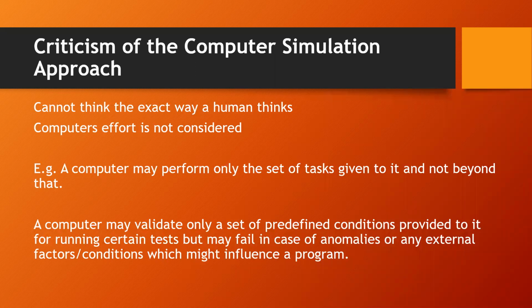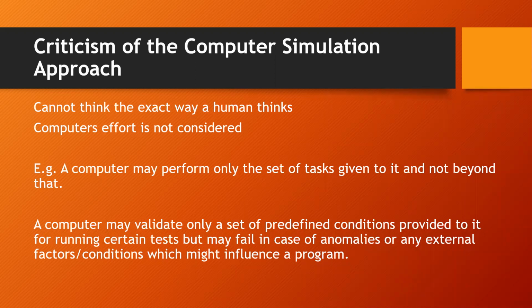And computers' efforts are also not appreciated. I mean, that's a very bad thing. We always say, okay, humans, because we have created the computers. For example, a computer may perform only the set of tasks given to it and not beyond that. If we ask for a solution to a problem, it gives only those solutions for which the data is fed, nothing beyond that.